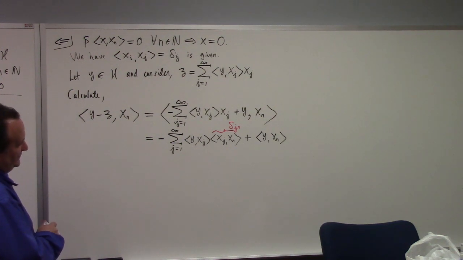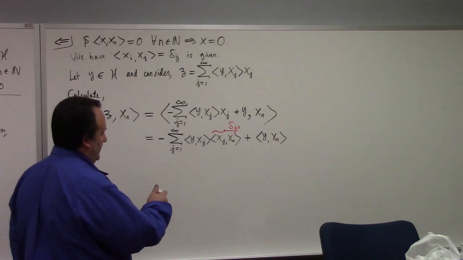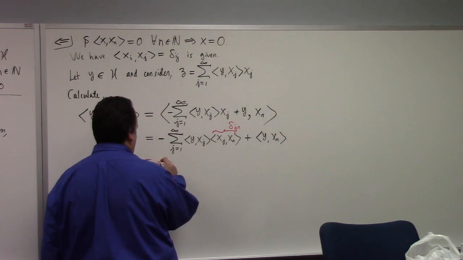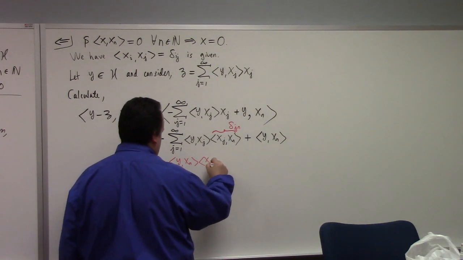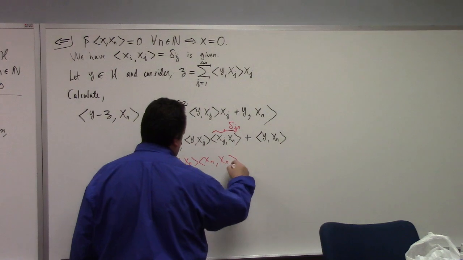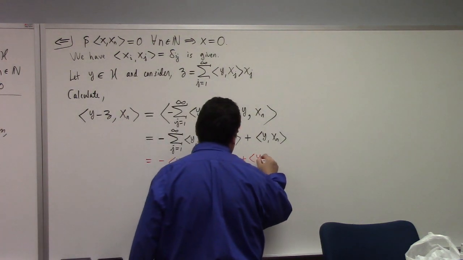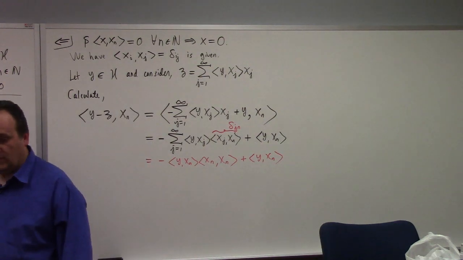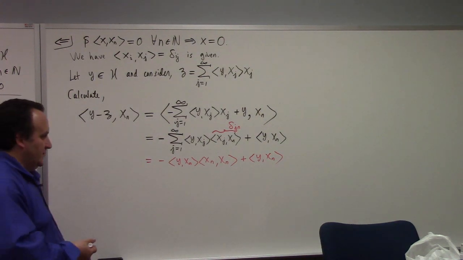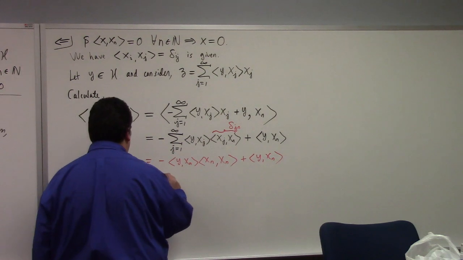N here is fixed, j is the summation index, so we keep the n, get rid of the j, and we get minus y with xn, plus y with xn. But of course xn by the normality is 1. And so what we have is 0.